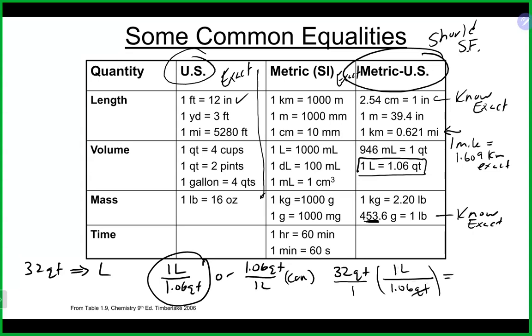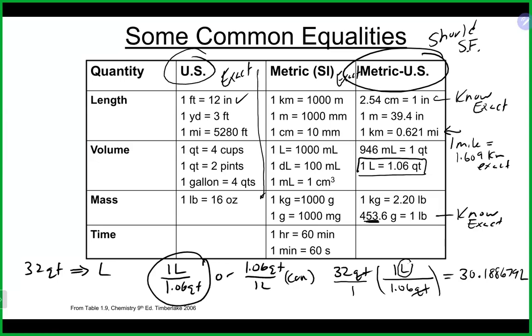That's going to cancel out the quarts, and that will give you on your calculator 32 divided by 1.06. We get this number here, 30.188679. I'll just stop it there, and obviously I have a few more numbers on my calculator. Now, liters are the only unit that's left. It's 1 unit by itself up on top, which is what we're looking for.